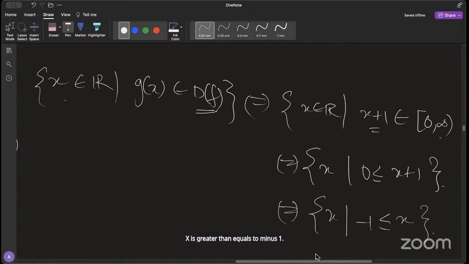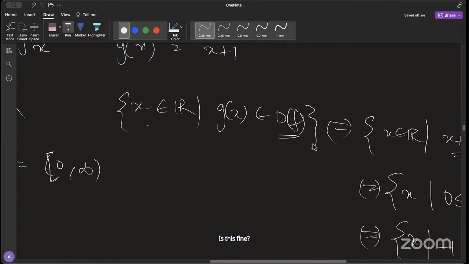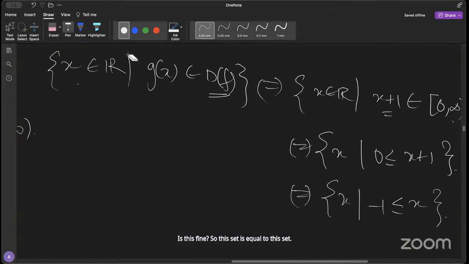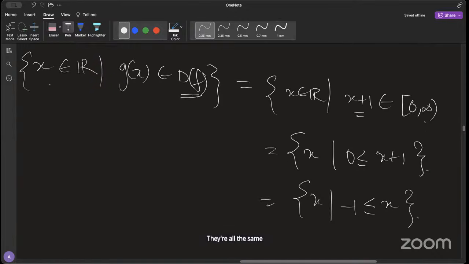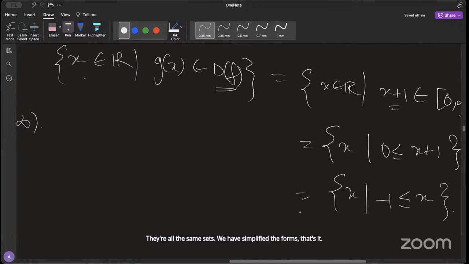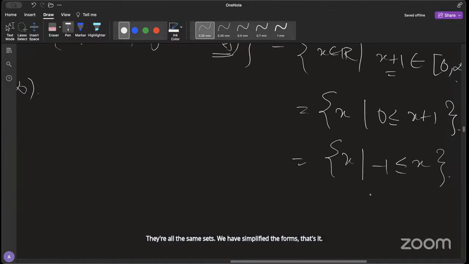Is this fine? So this set is equal to this set. This is the same as this set. They're all the same sets. We've simplified the forms. That's it. So how can I write this in intervals? x belonging to real numbers such that x is greater than or equal to -1.